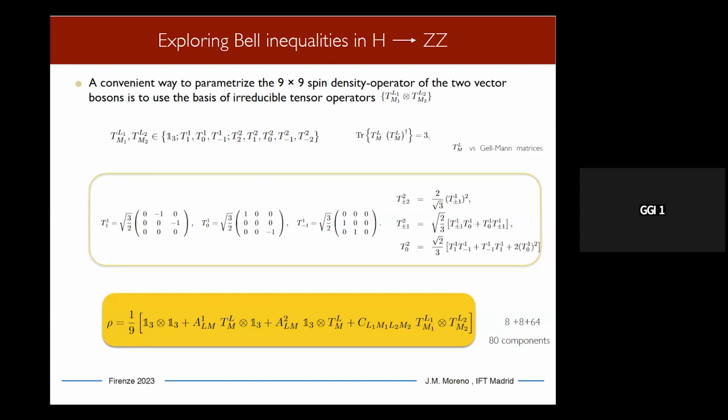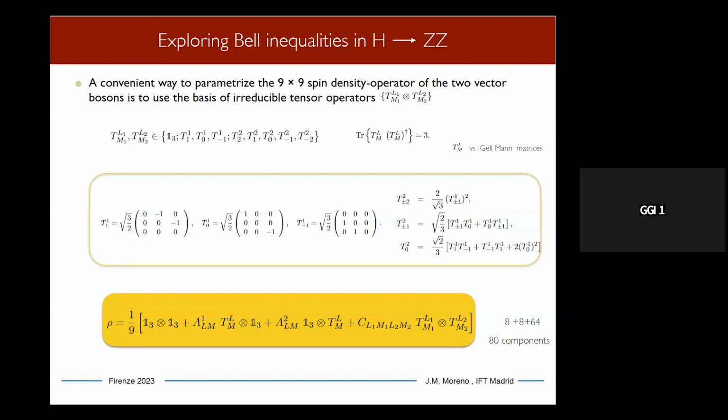An alternative, of course, could be to take the Gell-Mann matrices, as is done for other particles, but we think things are easier in that language. Of course, they have to be equivalent because it's just another parameterization, but the extraction of the components, I think, is cleaner.